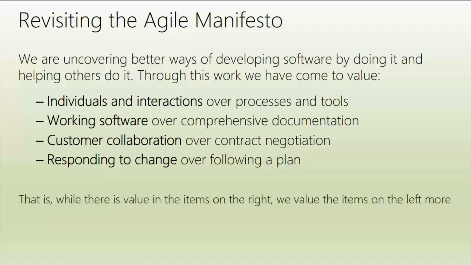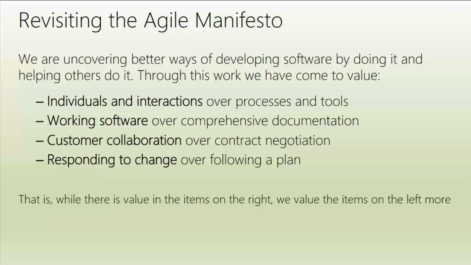So, a group of Agile industry practitioners have gotten together, they have put their heads down together and really laid down the principles of Agile methodology. Throughout their experience and their past work, they have come to value individuals and interactions over processes and tools.